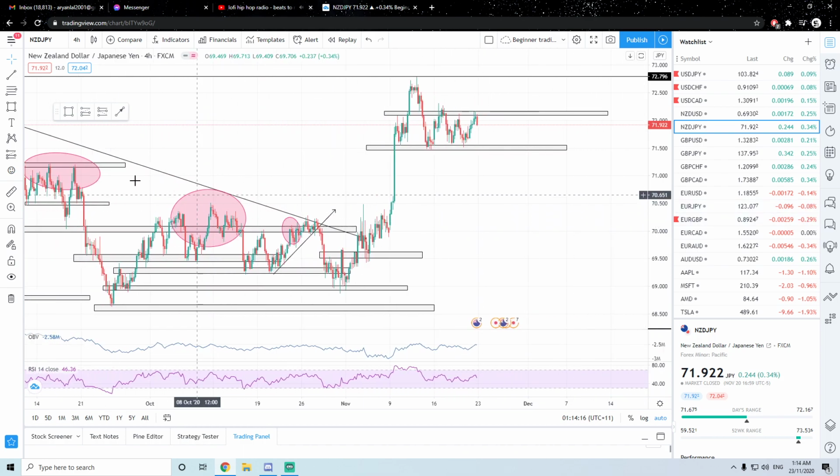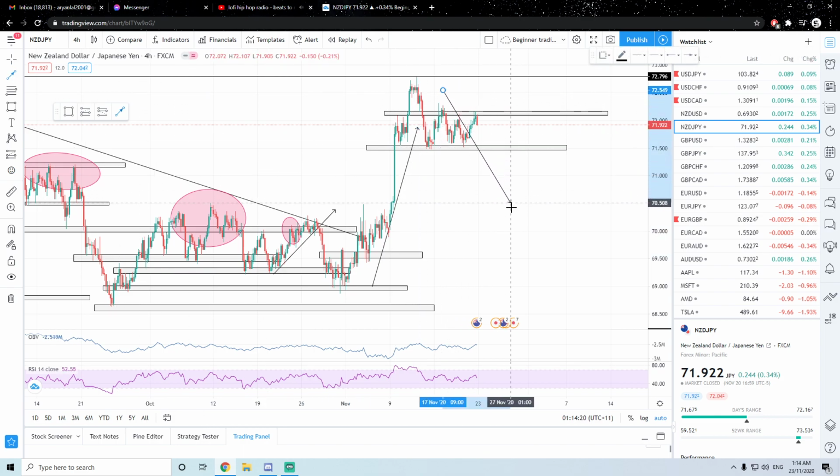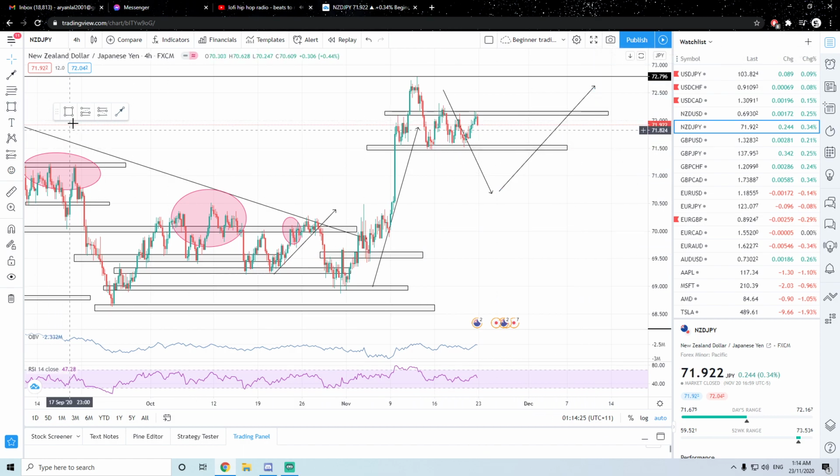So what I'm thinking is that this pair here is the impulse, so now we'll end up seeing the correction back down, and then you can enter back in on that buy towards the upside.